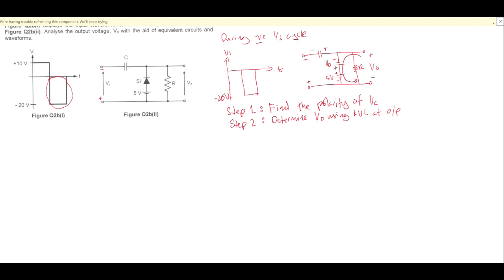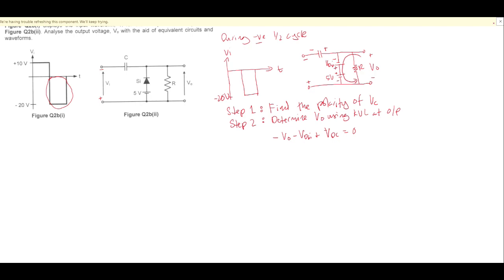In this case, we start from Vout, negative Vout, followed by the diode voltage, minus VD silicon, and then the next component is the DC voltage, plus 5 VDC, equal to 0 volt.